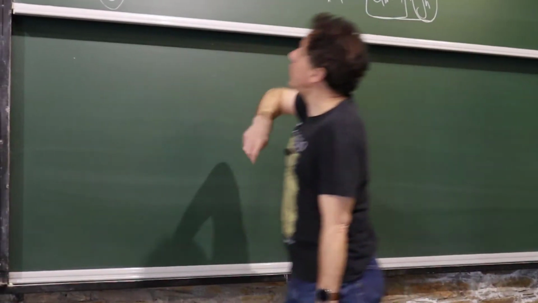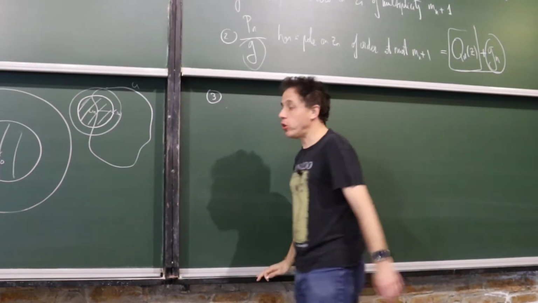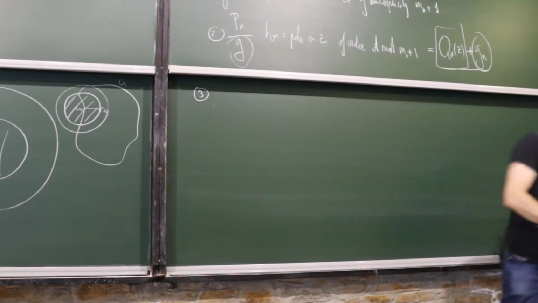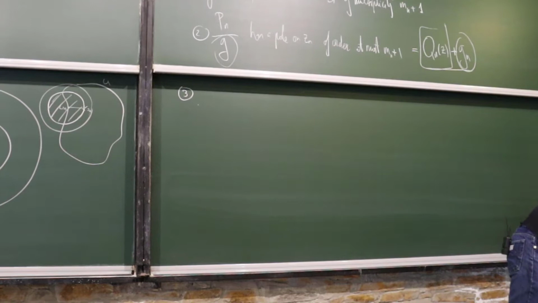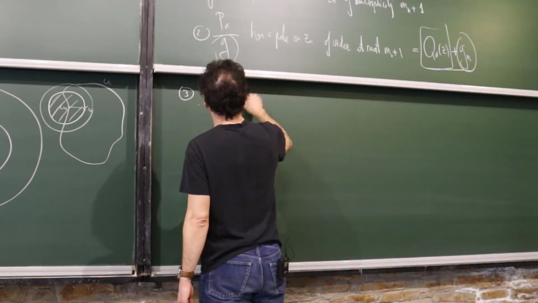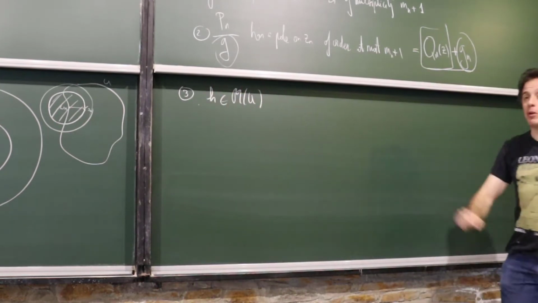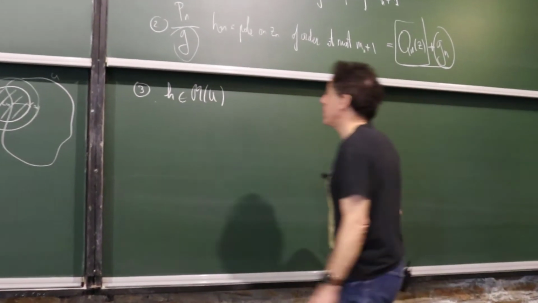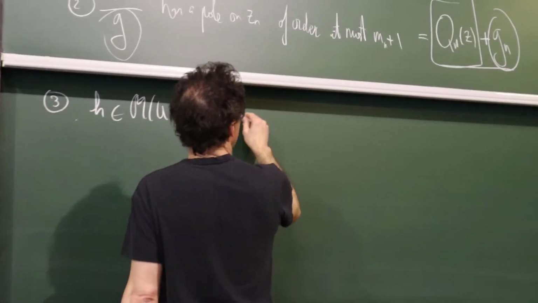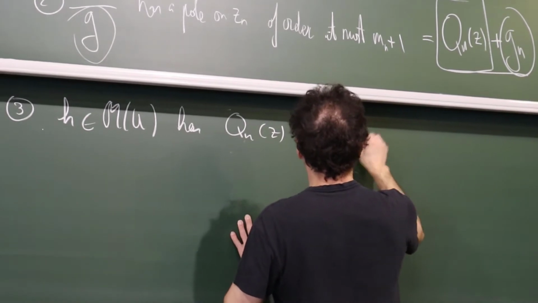So take this quotient here, third step. Now, using Mittag-Leffler's theorem, take a function h, a meromorphic function on U, having Qn of z as principal parts.